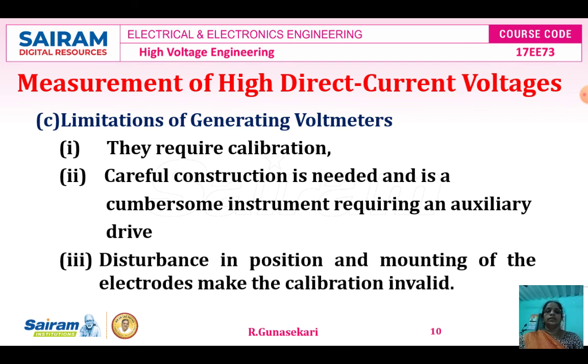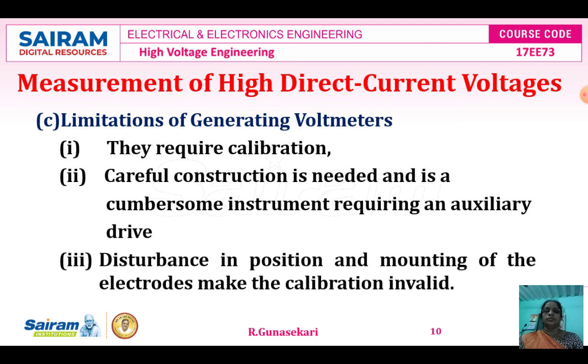It is a cumbersome instrument requiring an auxiliary drive. The synchronous motor is used to drive the generating voltmeter, because the generating voltmeter is a generator. So a generator means what? The input is mechanical, the output is electrical. Definitely for mechanical power supply we need a drive, that is the synchronous motor drive. So therefore careful construction is needed for the generating voltmeter.